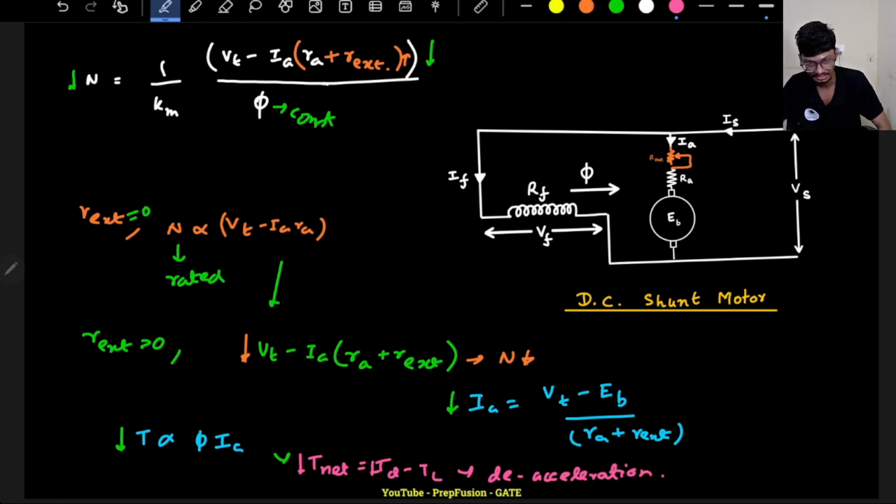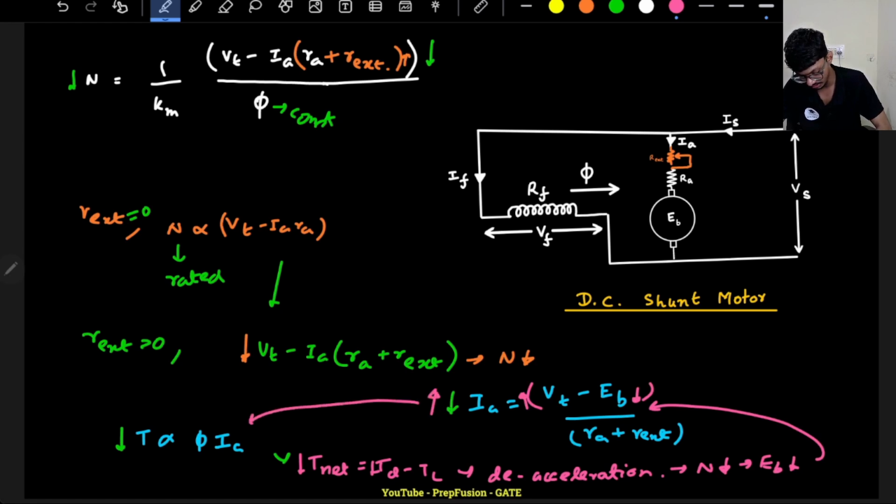If there is deceleration, the speed is reducing. If speed reduces, the back EMF will reduce. If back EMF reduces, this term will reduce, so this overall thing will increase. Ia increases, and again the torque will increase. So initially the torque will reduce and it will decelerate, so the armature current reduces.